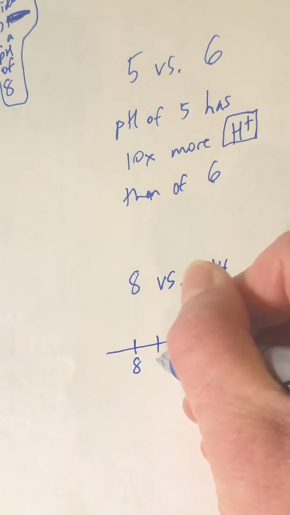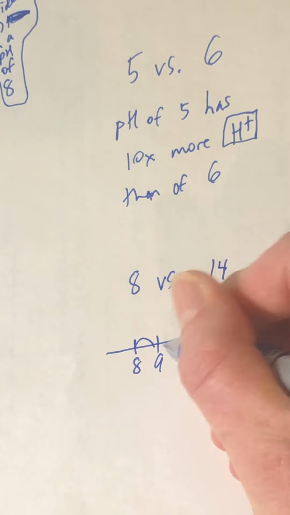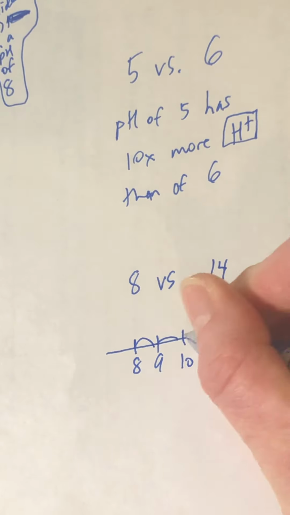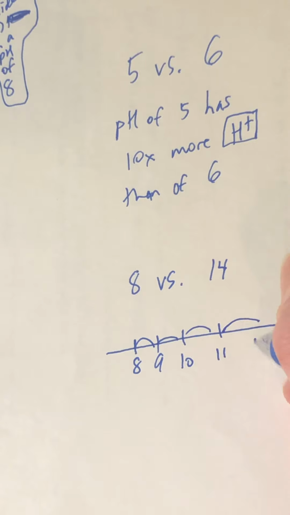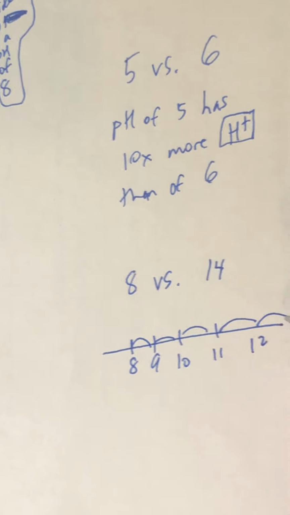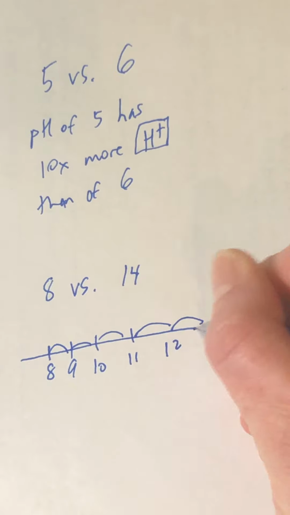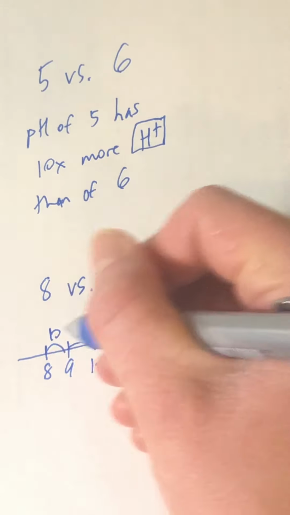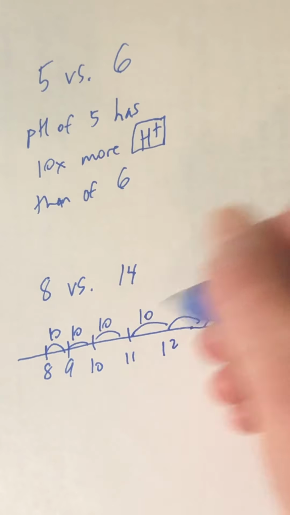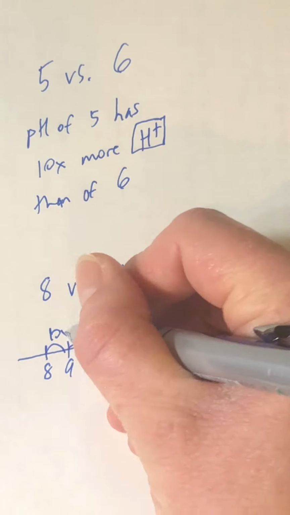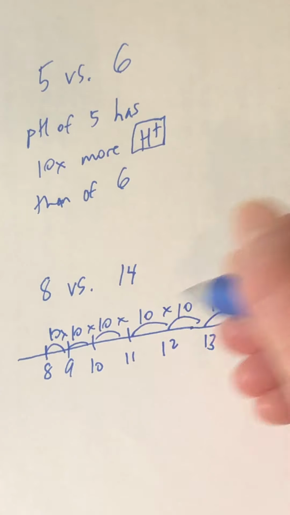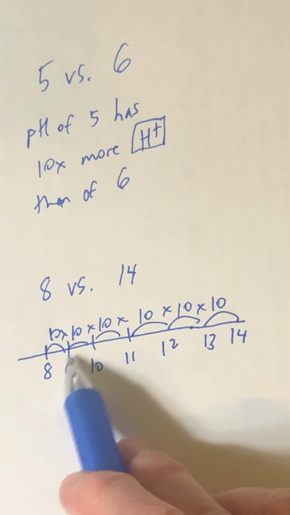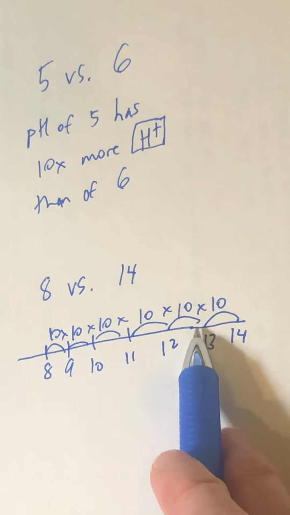Think about it. 8 to 9, 9 to 10, 10 to 11, 11 to 12, 12 to 13, 13 to 14. So in that case, 10, 10, 10, 10, 10, 10. You got to multiply them all together, each of the individual differences.